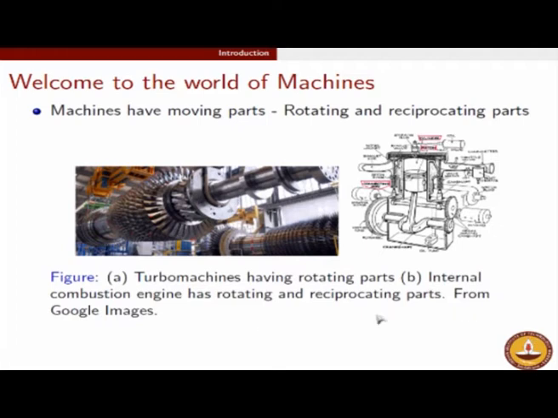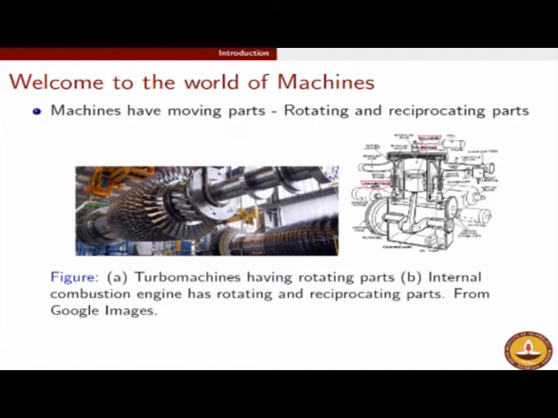Likely it has been taken from Google Images, so I do not know much details about this machine other than the fact that it looks like a turbo machine. What is very important for this machine is that these rows of blades that you are seeing here, all of these will rotate, right. So this is a rotating machinery, and in this turbo machinery we do not get to see any reciprocating part.